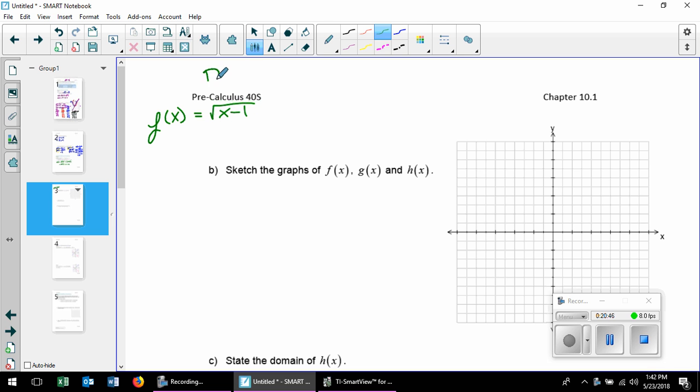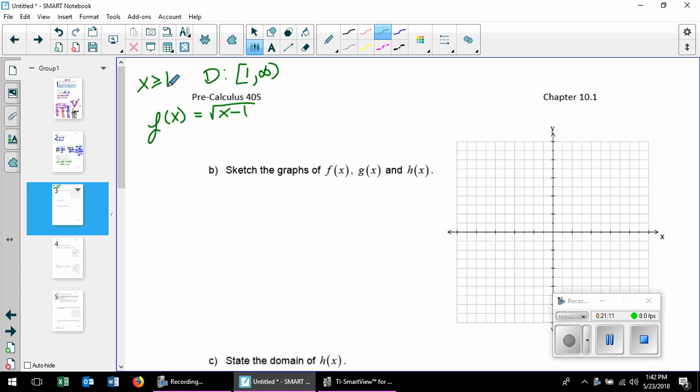So the domain of this function is going to be, which is essentially what you said, Matthew, x has to be greater than or equal to 1. Because if I put a 0 in there, what happens? I get a square root of a negative number, which I can't have.